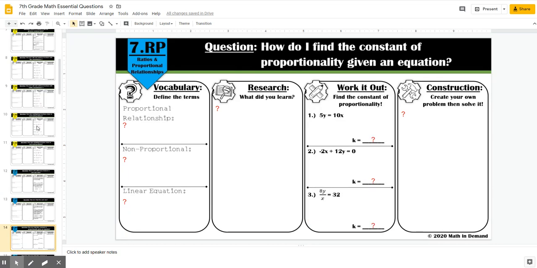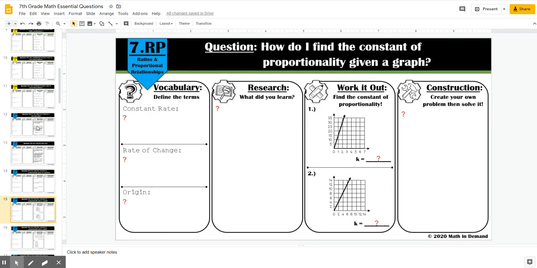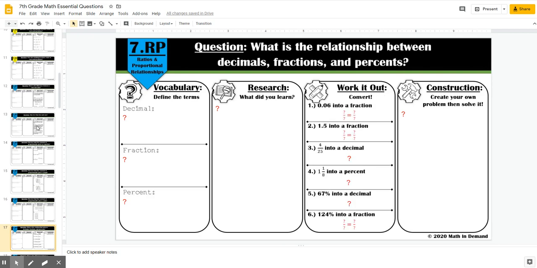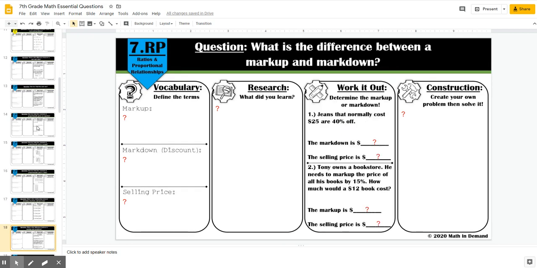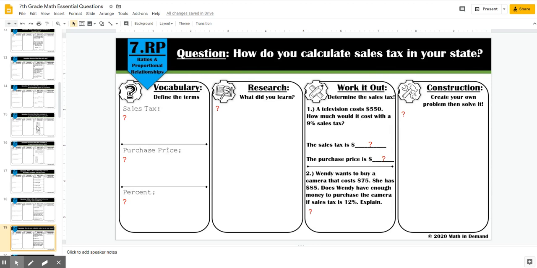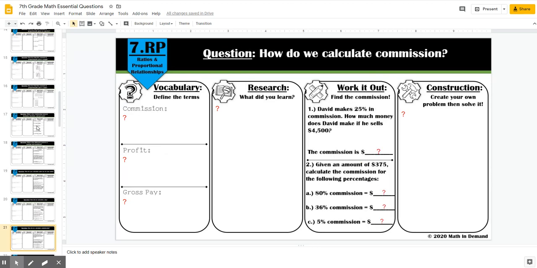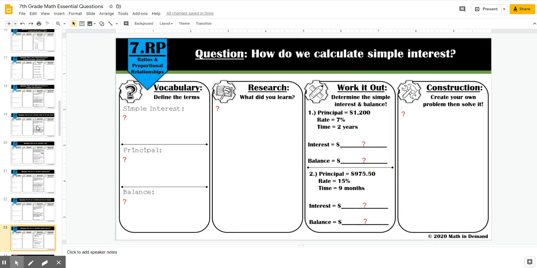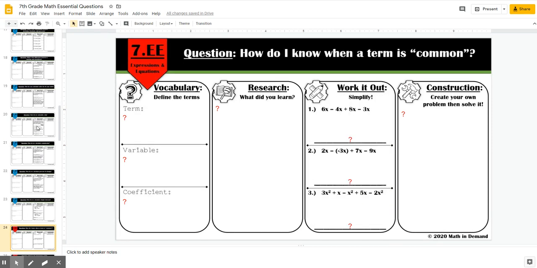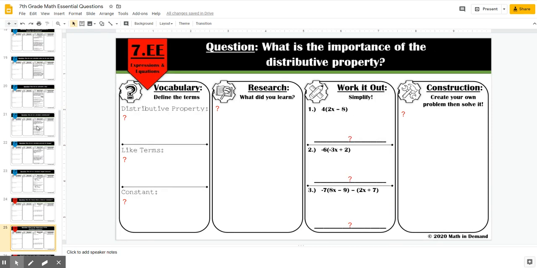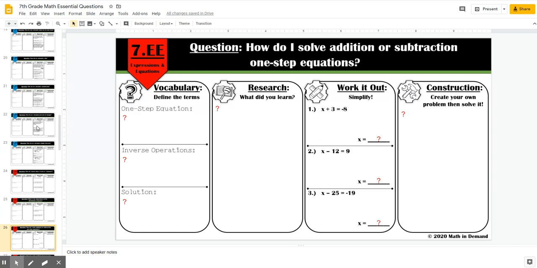Now we're looking into proportional relationships, and I go over a graph, a table, decimals, fractions, percents, markup, markdown, sales tax, tip, that's the one I just went over, commission, percent of change, simple interest, combining like terms, distributive property, one-step equations.